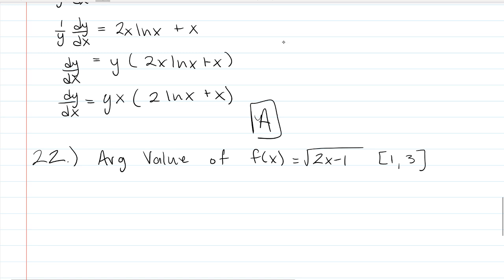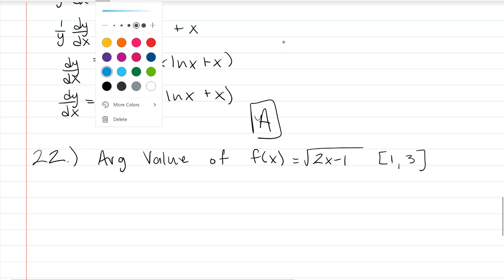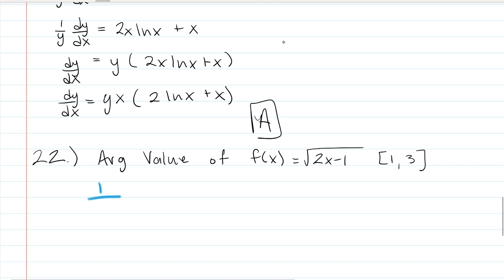Now, the average value of a function over an interval is given by, I'm going to increase the size of that real quick, 1 over b minus a on the interval from a to b, not b to a. A to b. All right. Of f of x dx.